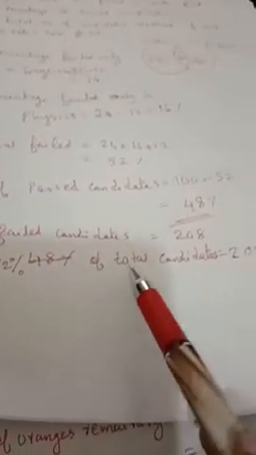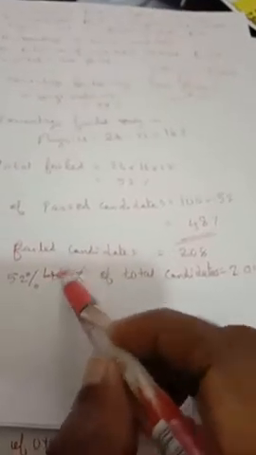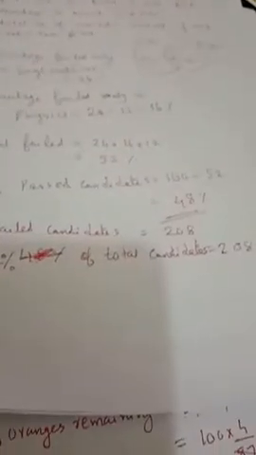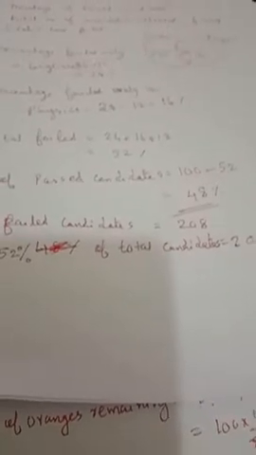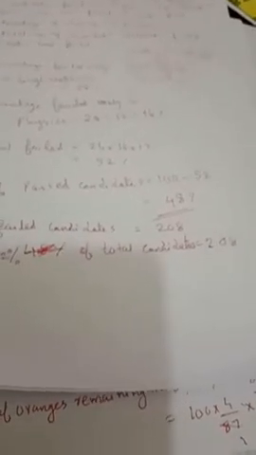So 52 percentage of total candidates is equal to 208. Failed candidates means 208, and their percentage is 52.